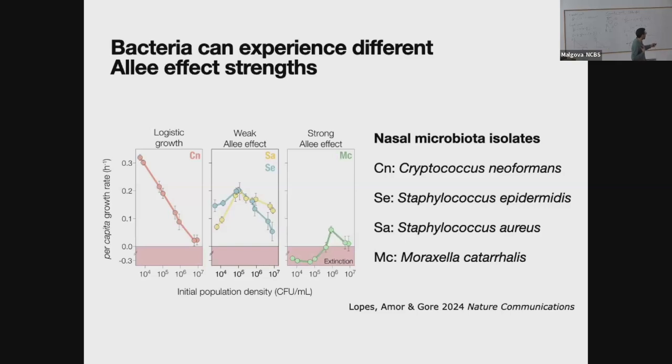This is an example of logistic growth for Cryptococcus. But then we have 2 Staphylococcus that have what is called a weak Allee effect and a strong Allee effect for Moraxella. What is the difference between having what we call a strong Allee effect and a weak Allee effect? It is just the value of this critical threshold.